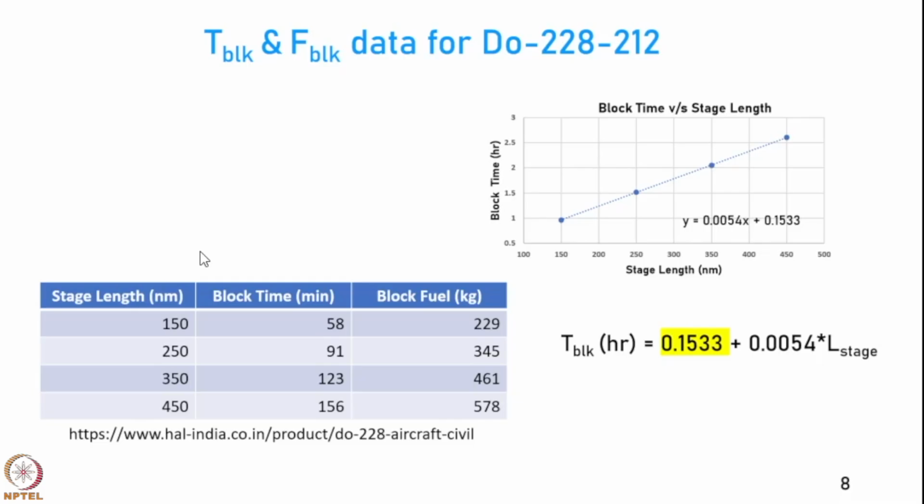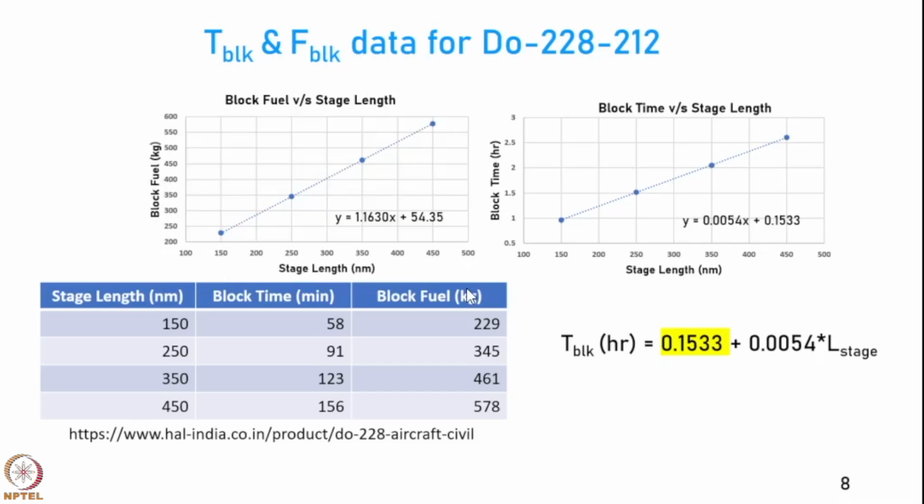So, this constant term of 0.1533 is approximately 9 minutes, 0.15 into 60, and that 9 minutes essentially is the minimum time that is required even when the stage length is 0. In other words, this can be taken as the minimum time required for the maneuvering of the aircraft.